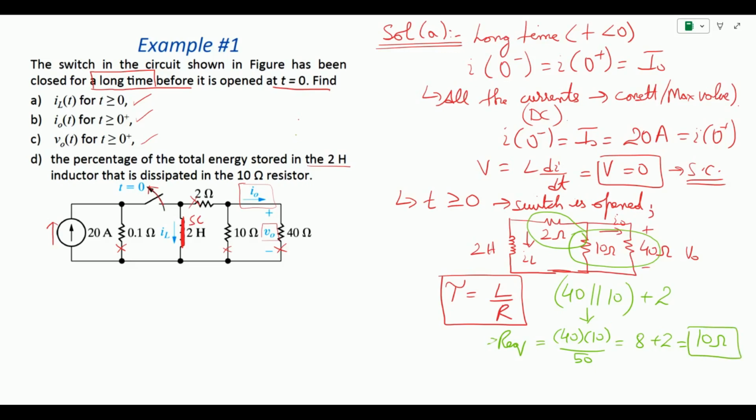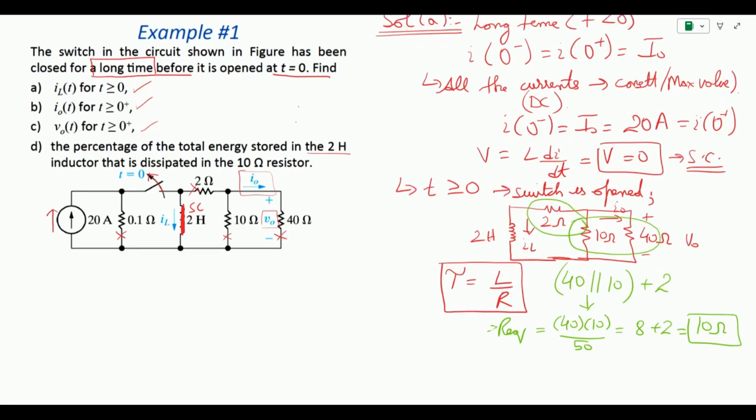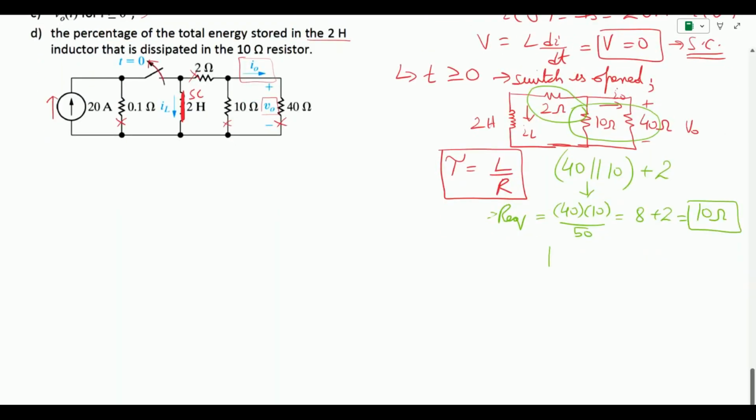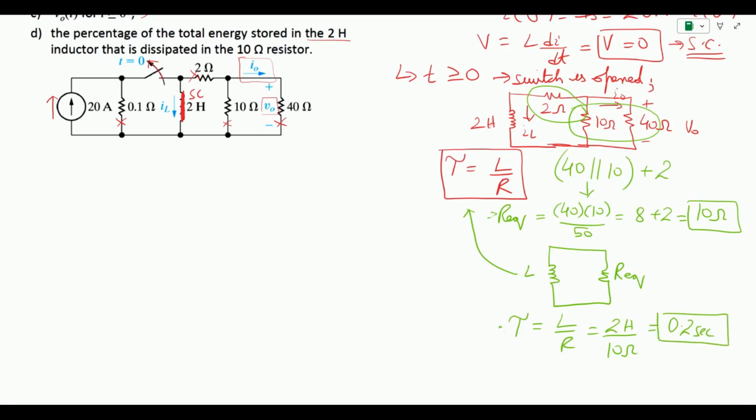Now we have a circuit with only an inductor followed by R equivalent. This is L and this is R equivalent. So now we can easily find the time constant. The time constant is L by R, which is 2 Henry divided by 10 ohm, and it comes out to be 0.2 seconds. So this is the time constant that we have.